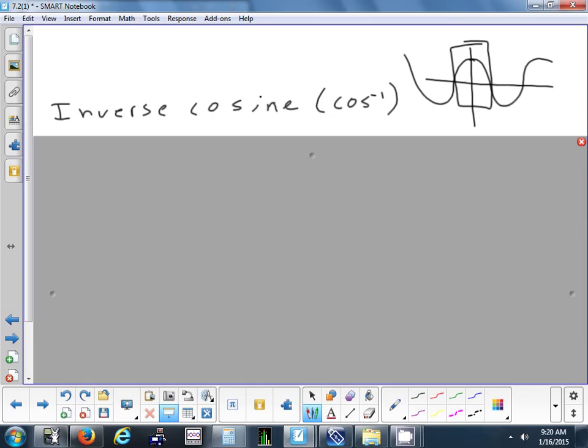Does that pass the horizontal line test? Nope. So what we're going to do is look at a section a little further down. It's still going to be a window that's, if you want to think of it, 180 degrees wide. But it's going to be from 0 all the way to 180. Okay, we're going to look at that section. Okay, so 0 to pi.